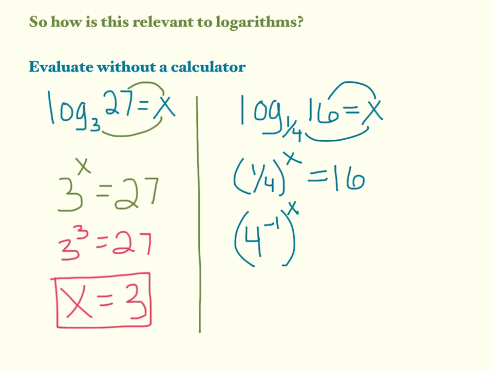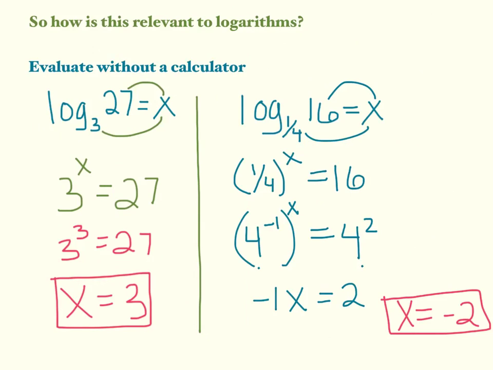And then we put to the x. And 16 is 4 squared. So now, when I have like bases, I can say, well, negative 1x equals 2, so x must be negative 2. And with all of these, you can check them in the calculator. You can plug this in, and you should get negative 2, but I do need to see your work on the page.